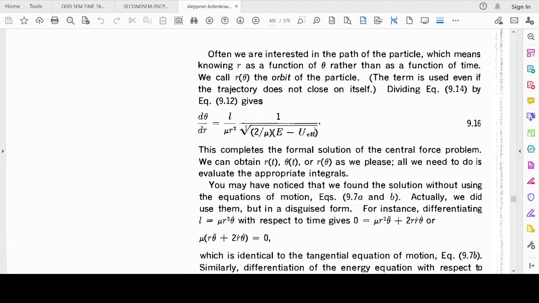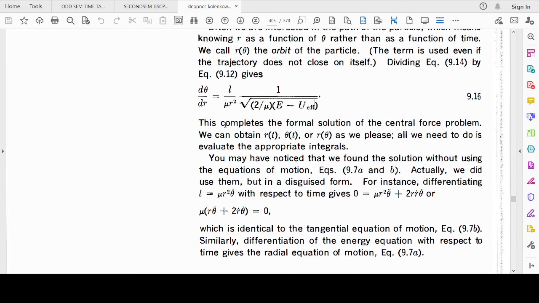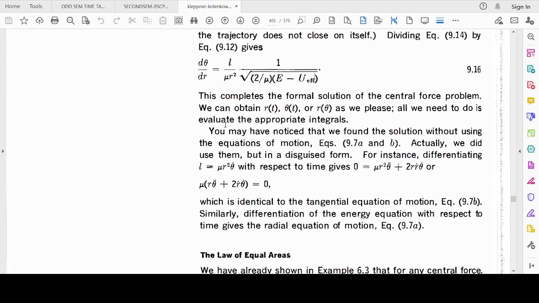So we come to the orbit of the central force motion. Now you can use this theory for planetary motion, which I will be discussing in the next video.